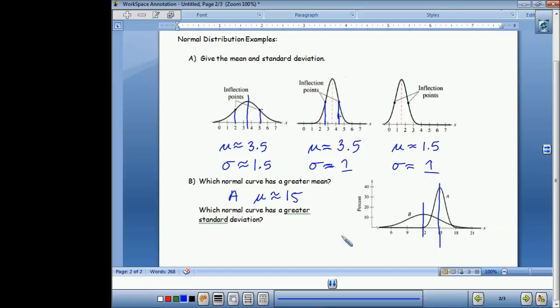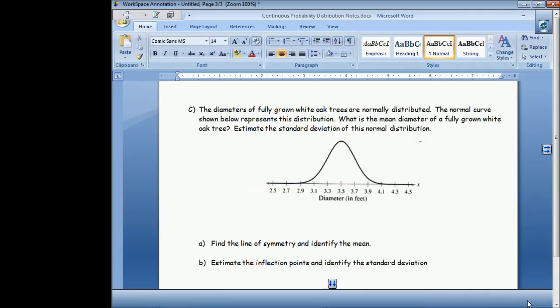Which one has the larger spread? Without calculating anything, we can see that B is more stretched out. It has a greater spread. If we approximated the inflection point about right here, that one standard deviation would be about 3. Those are just approximations of the mean and the standard deviation.